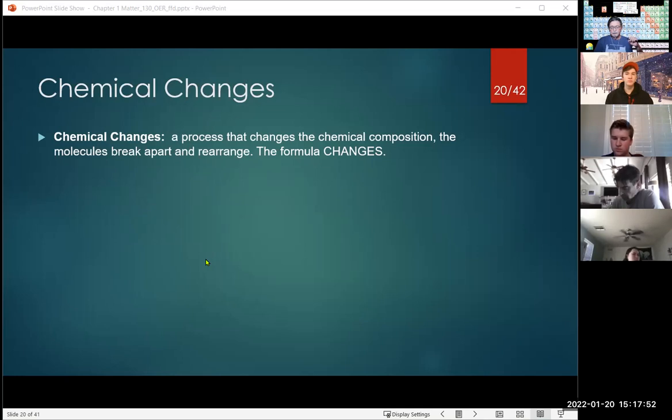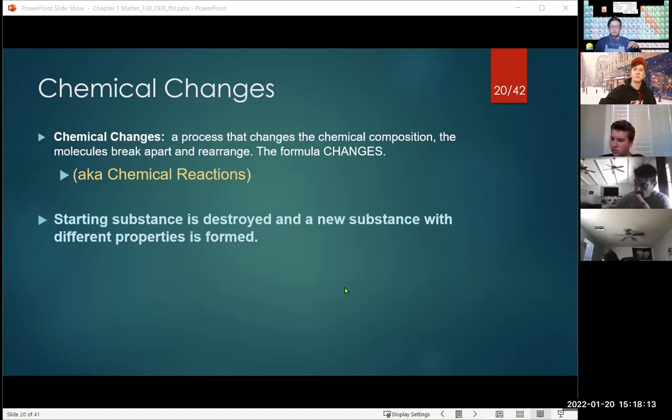Now, when we have chemical changes, the molecules literally break apart and rearrange themselves to form other molecules, okay? We have what we call a chemical reaction, okay? The starting material is totally destroyed and a new material is created.